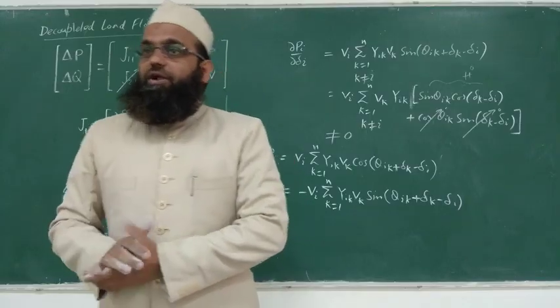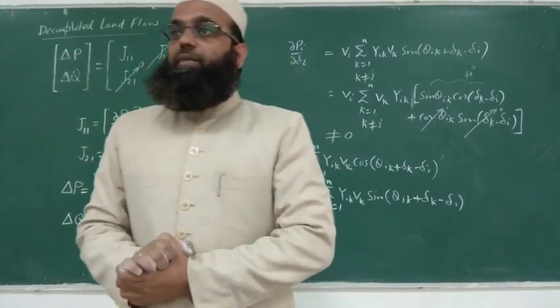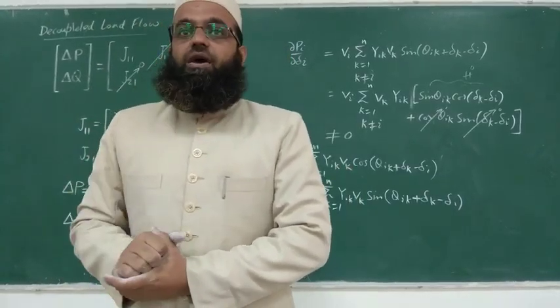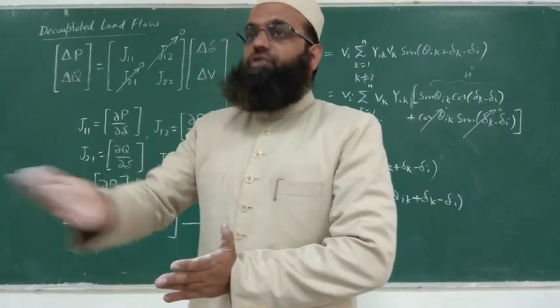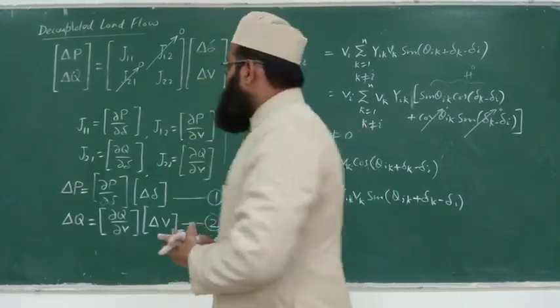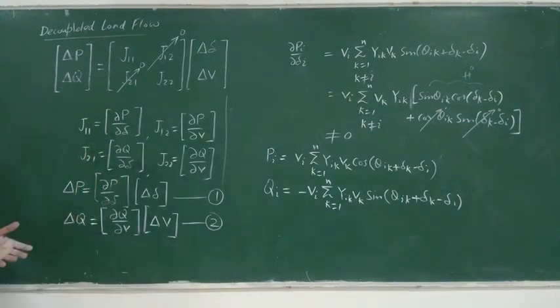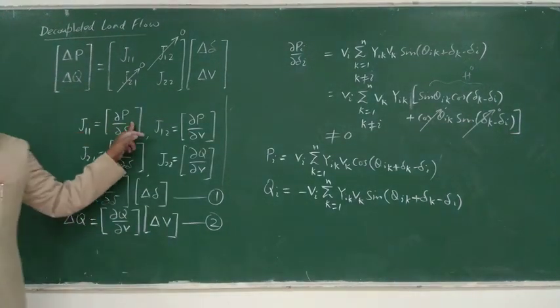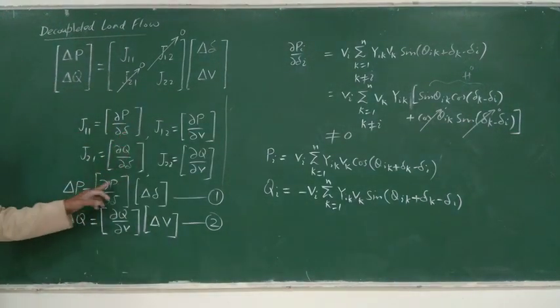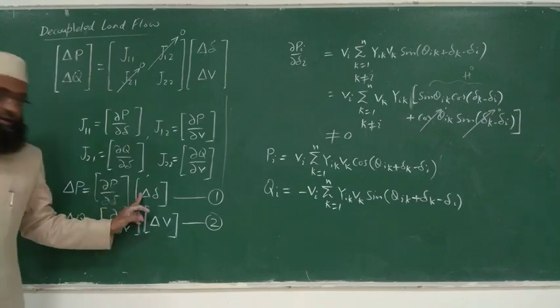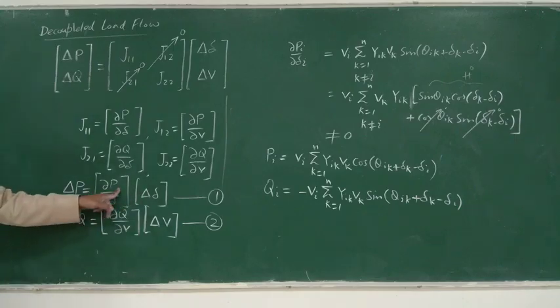Another one will be the fast decoupled load flow method, which we will see in the next class with further assumptions. There we will see that, here again, in each iteration we need to evaluate this matrix. We have written ΔP is this. So in each iteration we need to evaluate this matrix.